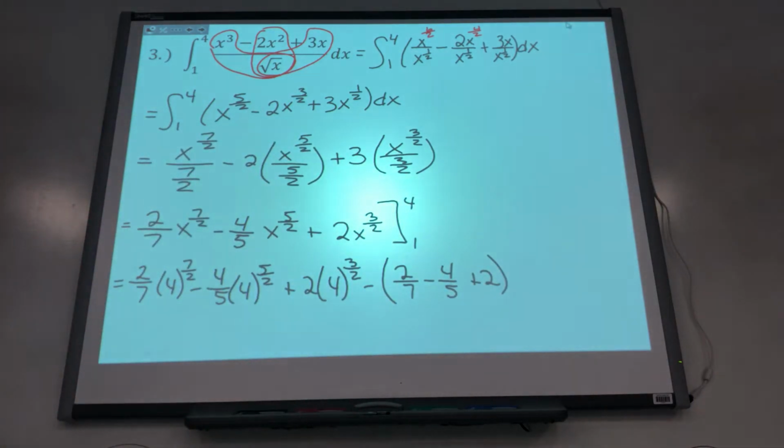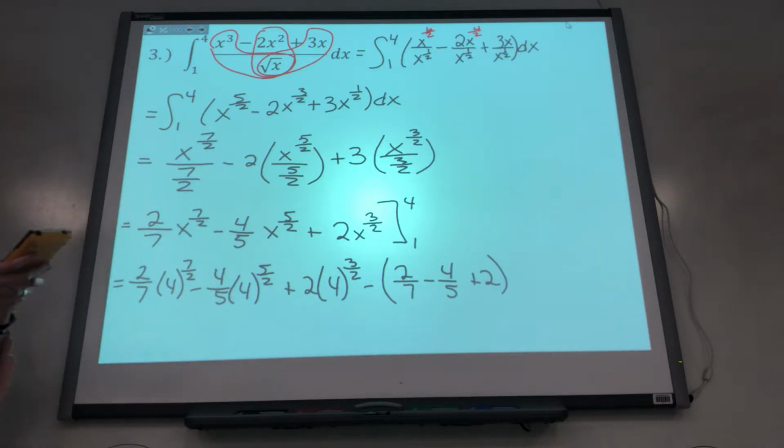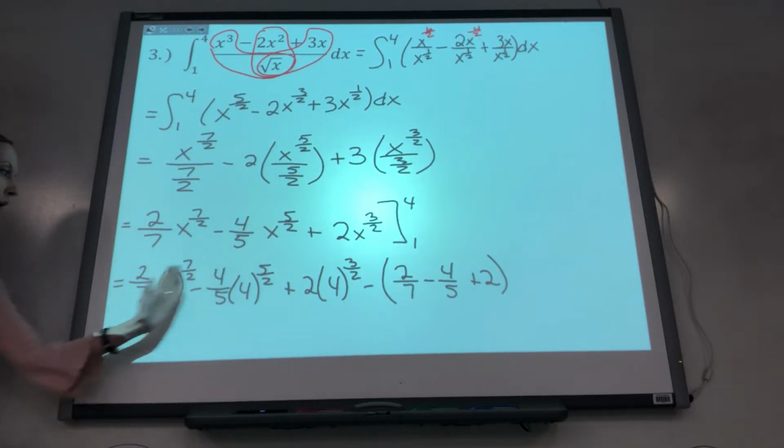If you're not sure about that, anytime you're not sure about something like that, try it on your calculator. 1 to the 7/2 power, 1. 1 to the 5/2 power, 1. Those are all just 1s, so that's a little bit nicer.